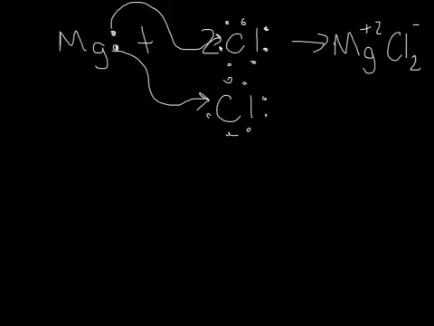Magnesium has +2 because it gave away 2 electrons. It will not give away just 1. That will not give it the 8 that it wants. It's going to give away 2, or it's not going to do anything at all. Both of these chlorines together would be -2.